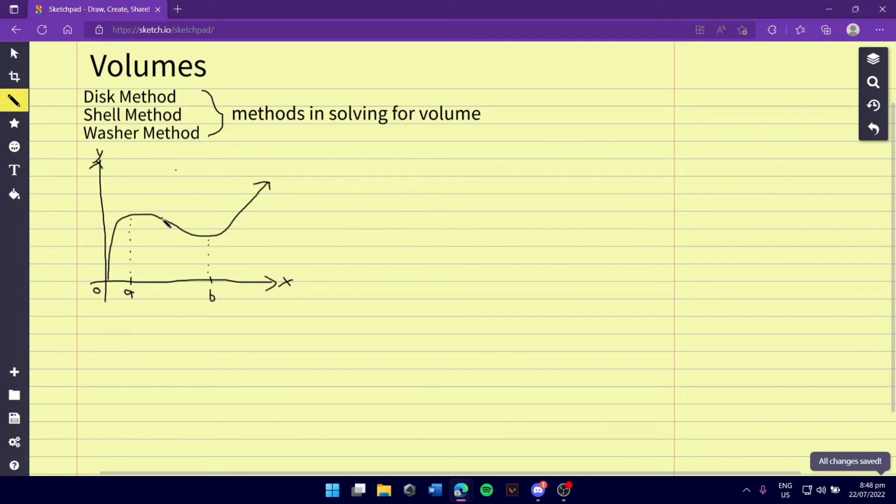So again, for this method, we're gonna use our vertical strip. So the point here is called the x and y. So this is your vertical strip.